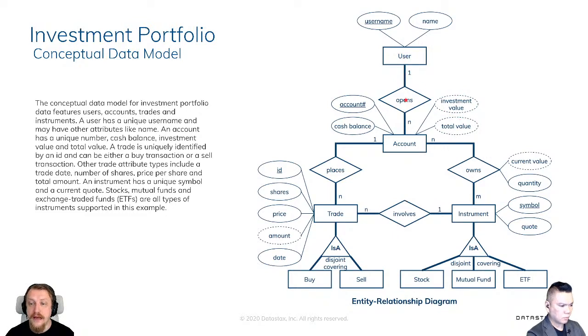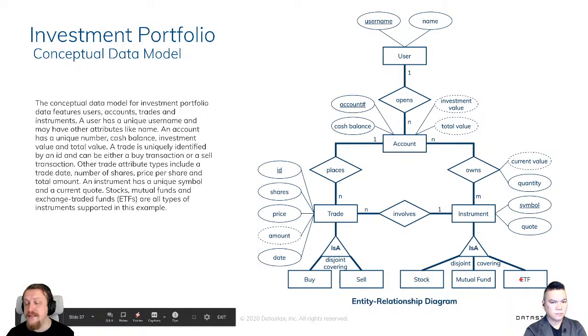Then every account owns some shares or some options. Every account owns something I've bought, and there are three kinds of instruments. In this example, I can buy normal stock shares, mutual fund shares, and exchange traded fund shares.